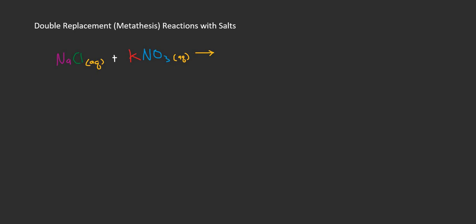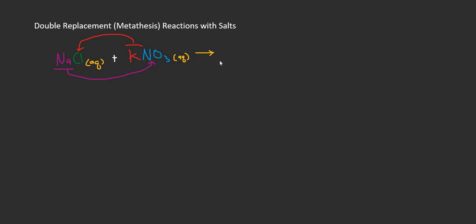So in a double replacement reaction, it's called double replacement because things switch around for the products. And what I mean by that is that the sodium will switch to the nitrate. So the sodium will go to the nitrate, and the potassium will go to the chloride. So basically the ions swap places with each other. Another way you can think of it is that the metals swap place with each other. The cations swap places. And so your final product will look like this.